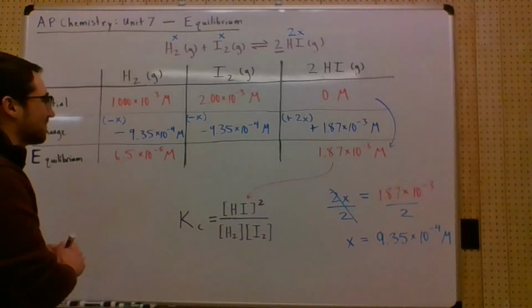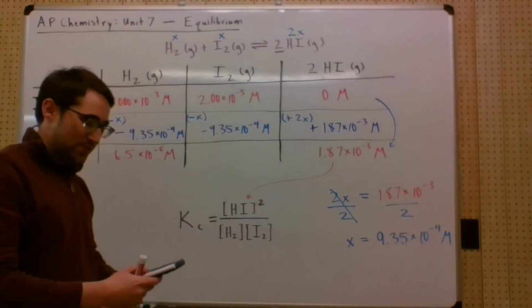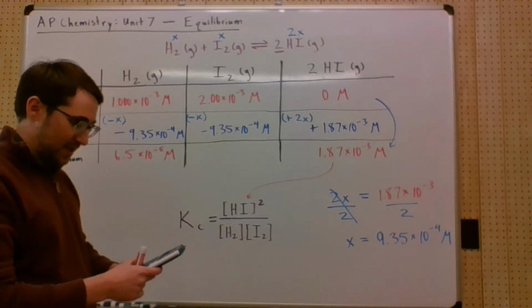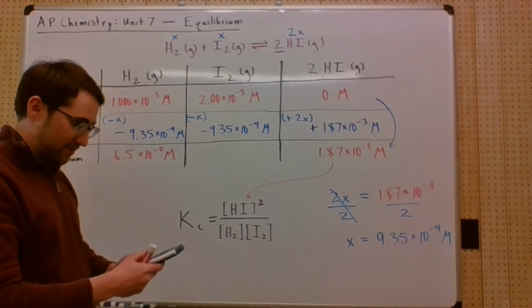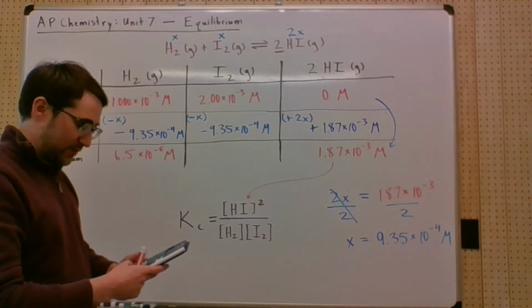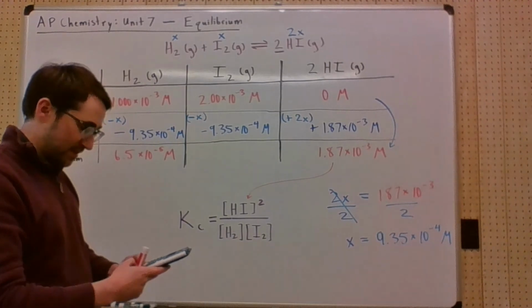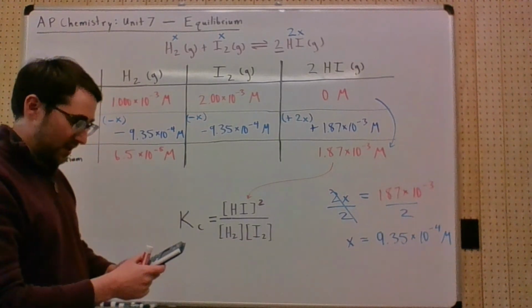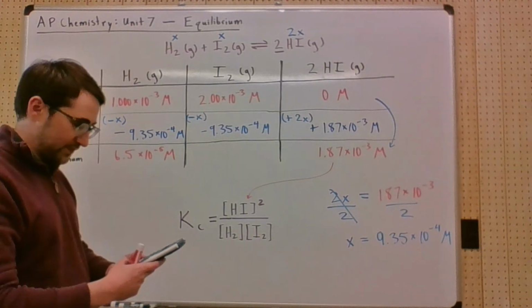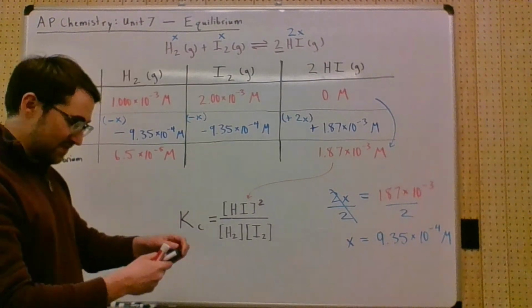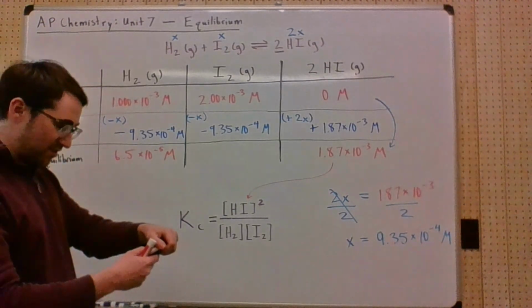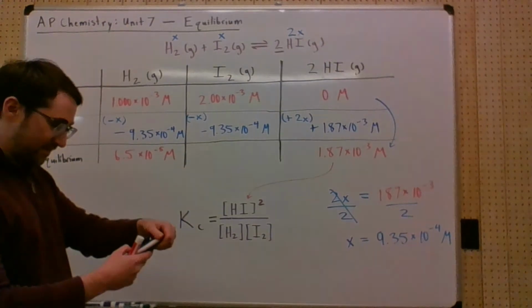All right, and my 2 times 10 to the negative 3rd minus 9.35 times 10 to the negative 4th gives me 0.001065.